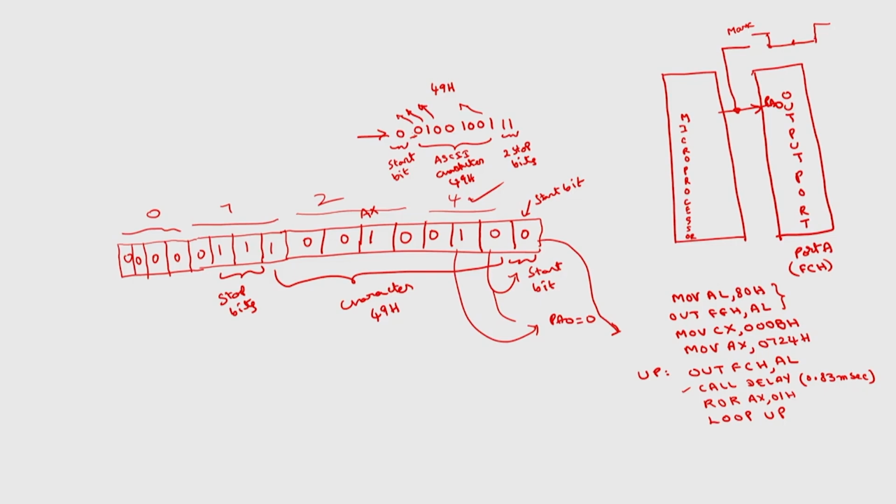Once all the 11 bits have been outputted, it will come out of the loop, and we simply have to halt. This is how, using software, we can transmit any character with a specified number of start bits and stop bits. Similarly, at the receiver, this is about serial data transmission. So, what about the serial data reception?